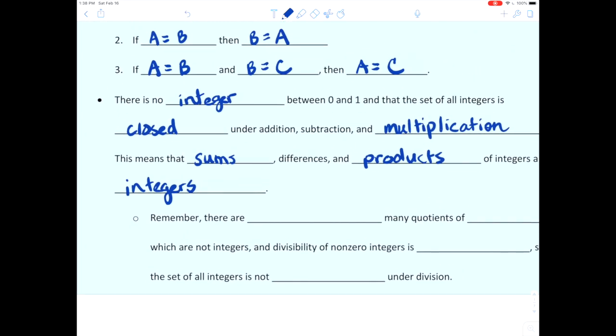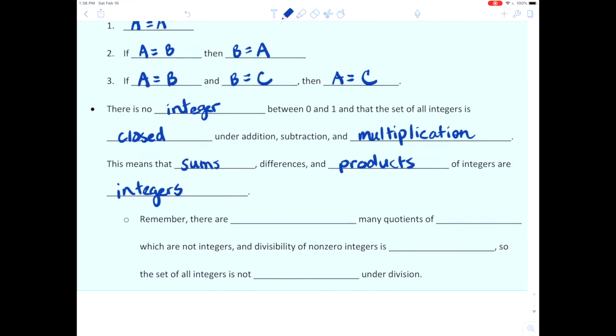And remember that there are infinitely many quotients when you divide 2 integers, where you will get things that aren't integers. Like if you divide 1 by 2, you get 1/2, which is not an integer.